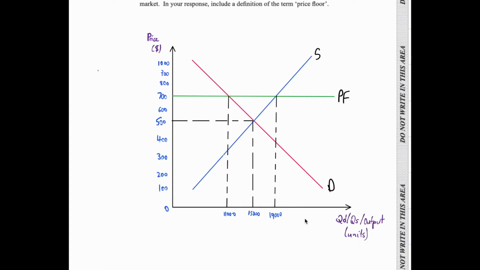So what definitely should be there is your demand curve, your supply curve, your price floor, and essentially the units that are really important to the explanation. So we're talking about your market equilibrium right here, and then we're talking about the two figures that you extrapolate from your price floor. Alright?